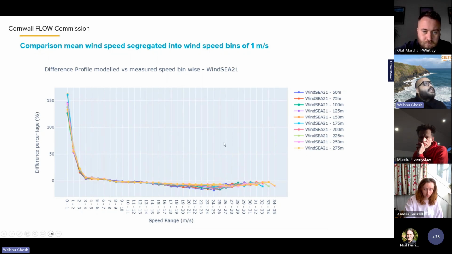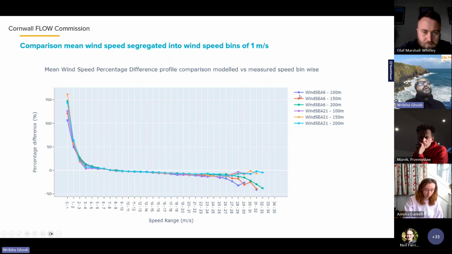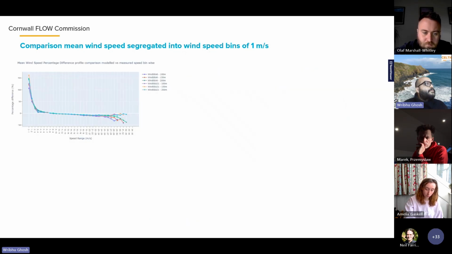Similar observation, slightly different, for WinC21, and when we plot only the significant heights, which are 100-meter, 150-meter, and 200-meter, it behaves very similarly between 3 and 25, which is the region of wind speed where generation happens.